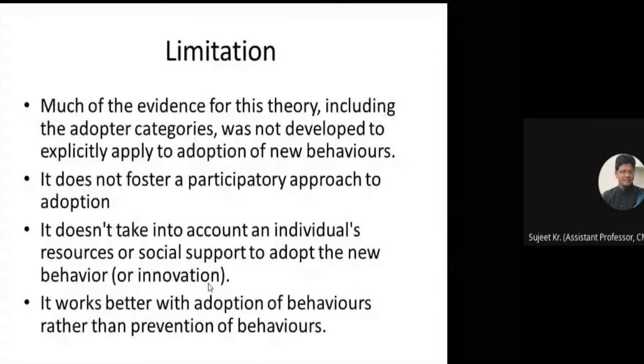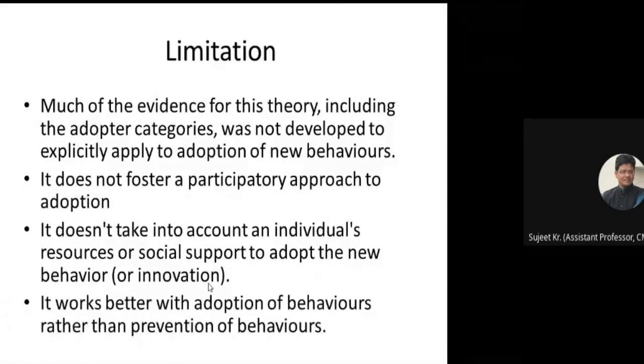This theory emerged from research based on transfer of agricultural technology. So this is the first limitation. The second limitation is that it does not foster a participatory approach to adoption. As I told you, the idea is provided externally, and it is not a participatory model of development.